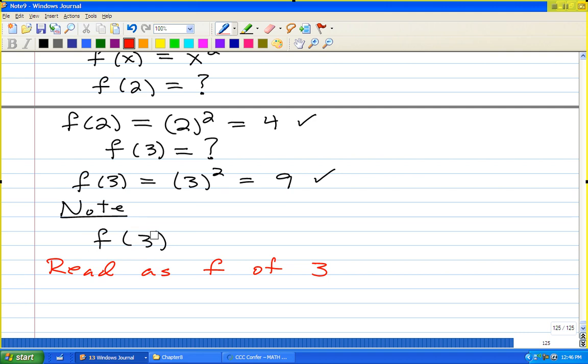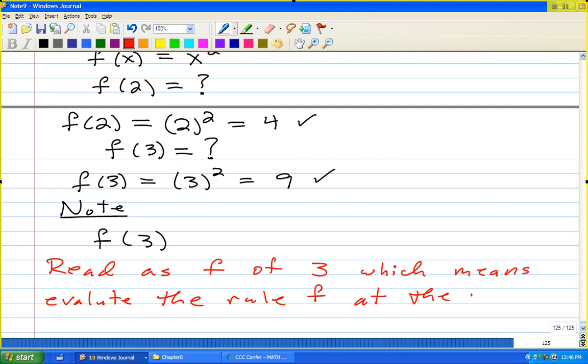So f of 3. And this means to evaluate the rule f at the value 3. Okay?